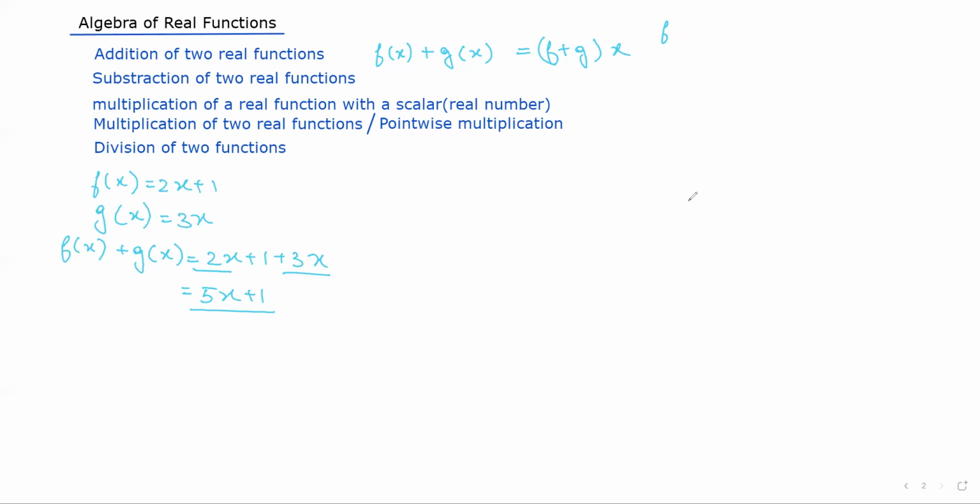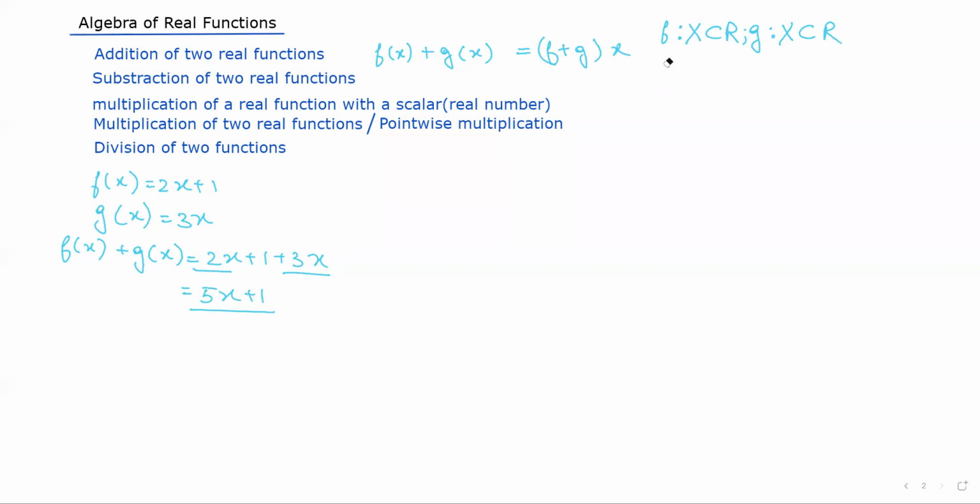Since both have x as their independent variable, we will consider them defined, function f from a single domain to R, and g should also map from the same domain to R. Both are defined for the same variable x.